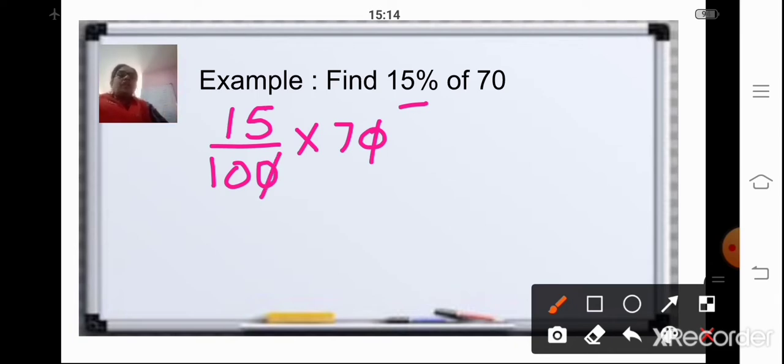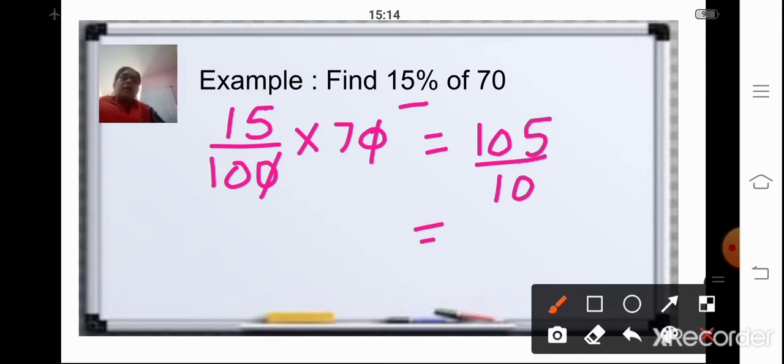Now 15 into 7 is 105 upon 10. I will write the answer using the decimal point because it is divided by 10. As it is divided by 10, your decimal point will be after one digit, that is 10.5. So your answer is 10.5. So 15% of 70 is 10.5.